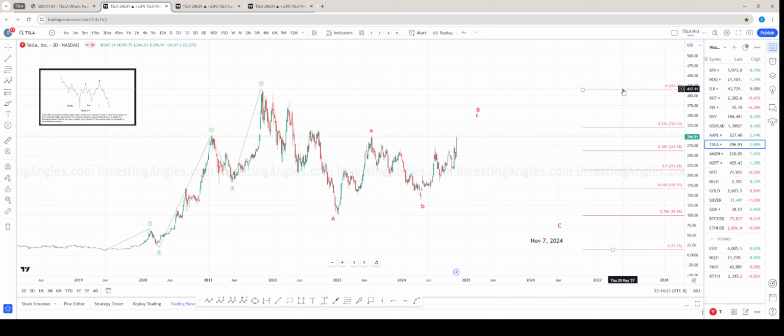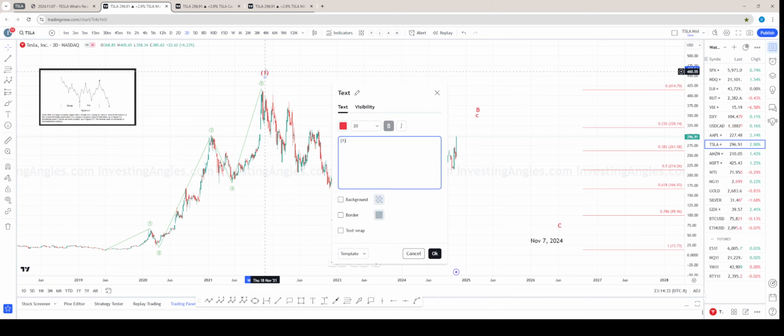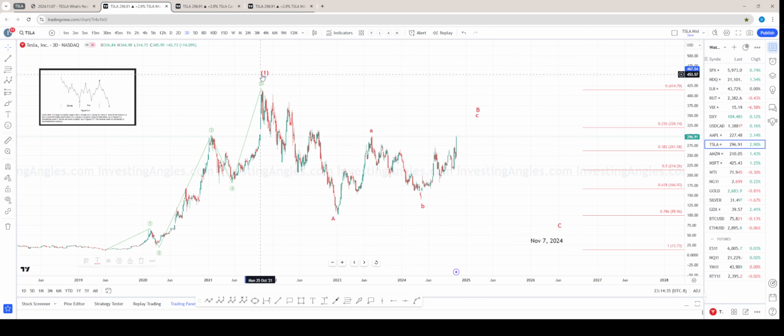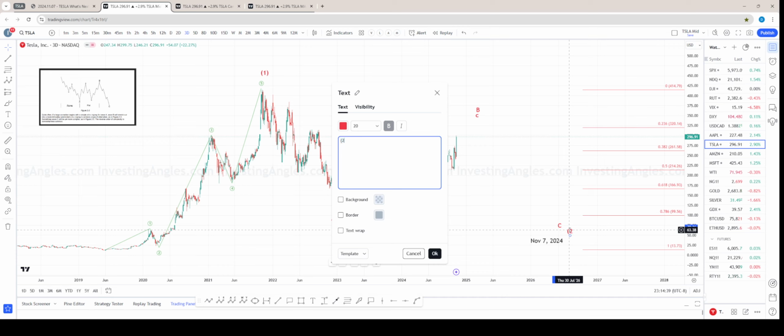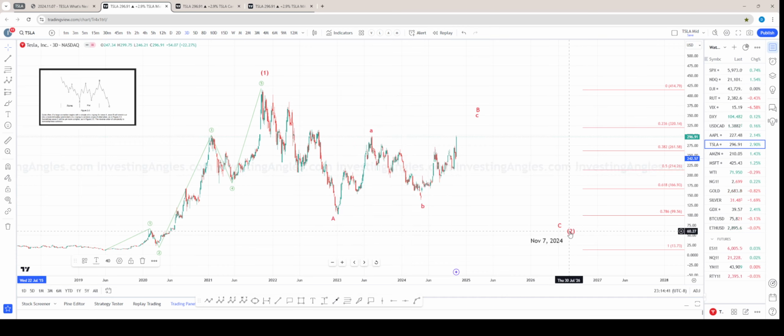So the entire wave. This one was wave 1, and now we are talking about the perspective wave 2. All right, so wave 1 here.